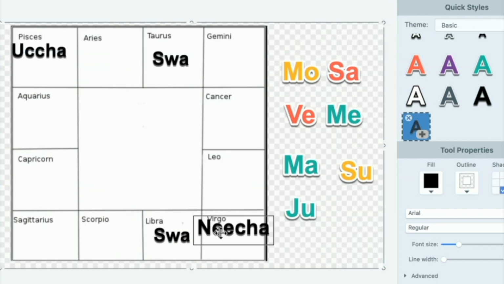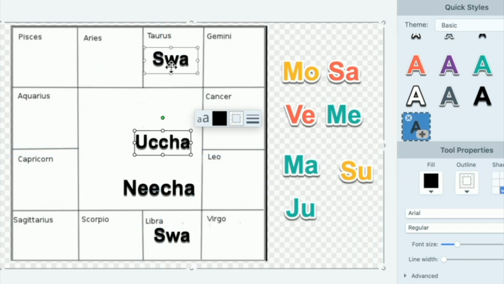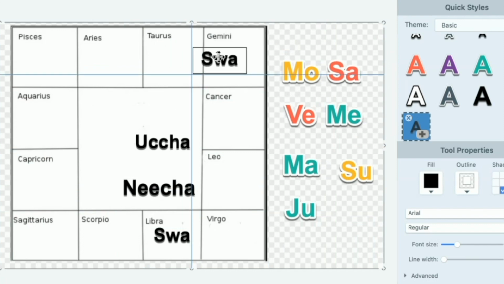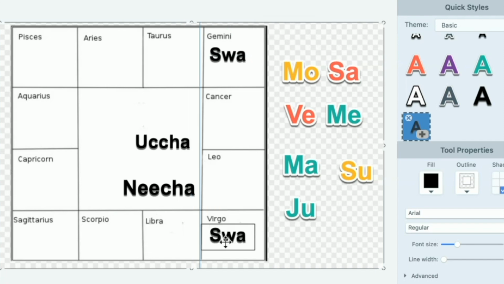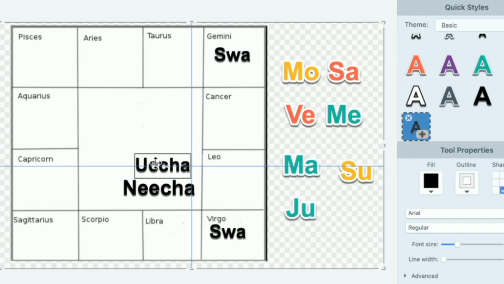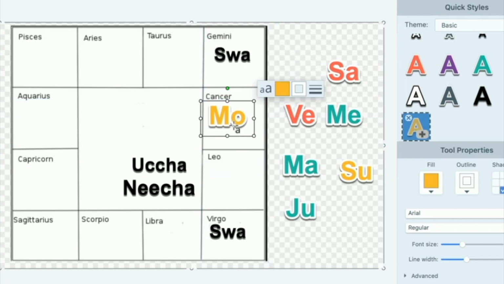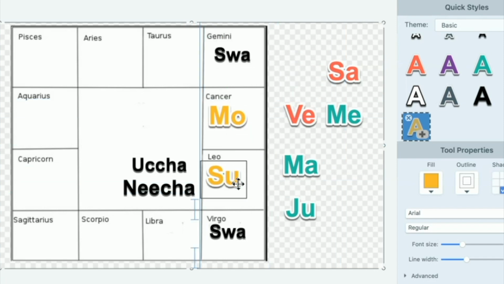Yes. And Mercury, what does it rule? What's the Swarashi? Mercury rules Gemini and Virgo. One way to remember what Mercury rules is that the king and the queen are surrounded by their advisors.